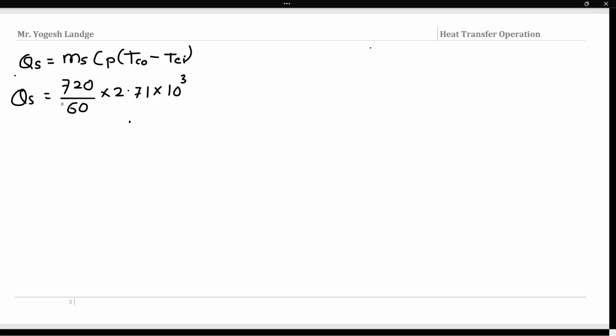It means, as this is mentioned, Cp value, which is 2.71 kilojoule per kg per Kelvin, into 2.71 into 10 raised to the power 3, that is joule per kg per Kelvin. Okay, so I'm just converting this for specific heat of the steam.